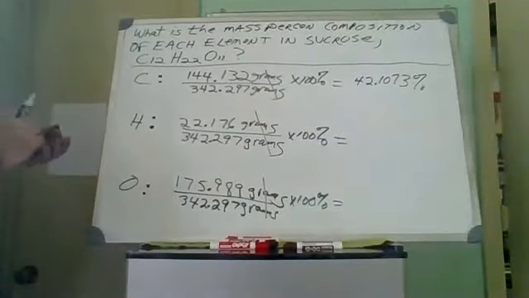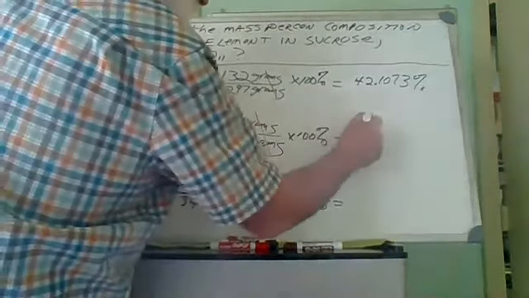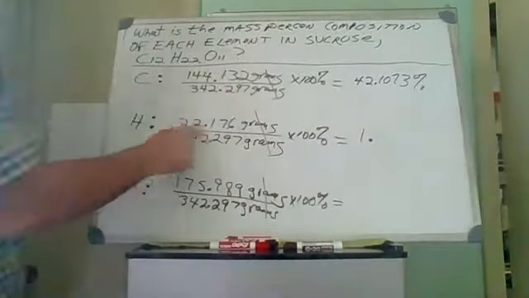Okay, for the hydrogen, I should only have 5 digits, not 6.